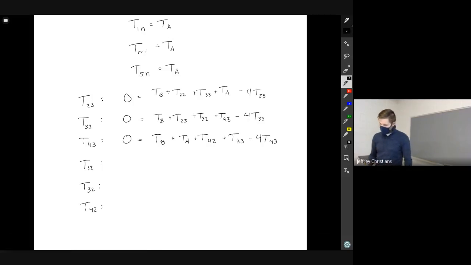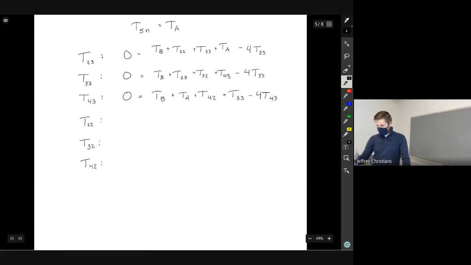Okay, so I'll actually skip the rest because it's basically the same thing. We're going to have 6 equations and 6 unknowns. To solve it, we can solve this system of equations using matrix algebra.